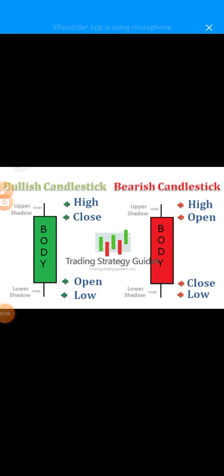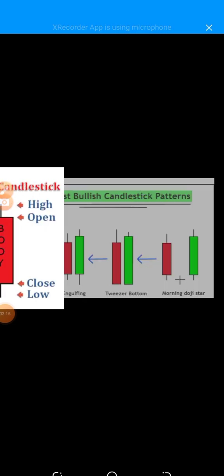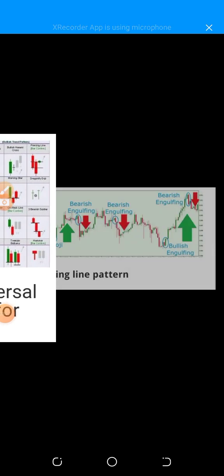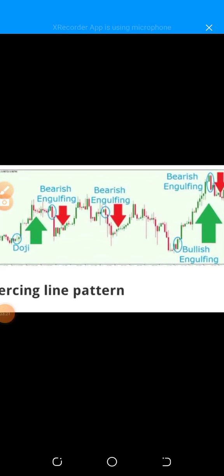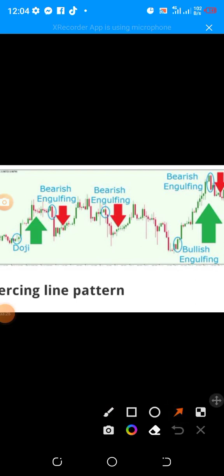We also have the red candle that interprets the bearish movement. When I say bearish, it means the market is going down. We have two types of market. As you can see in my chart here, there is a downtrend, from here up to here.